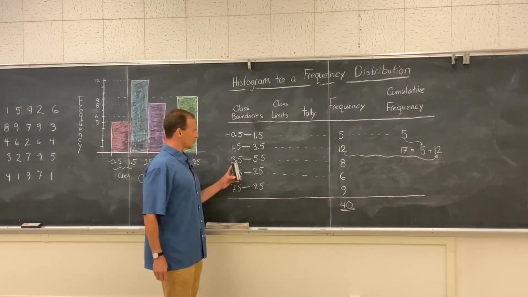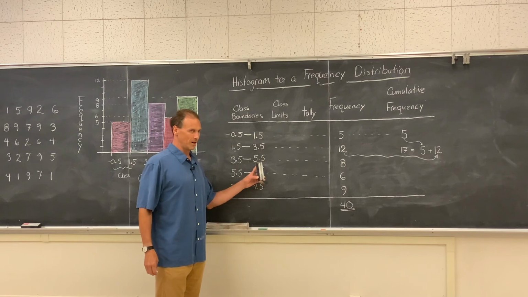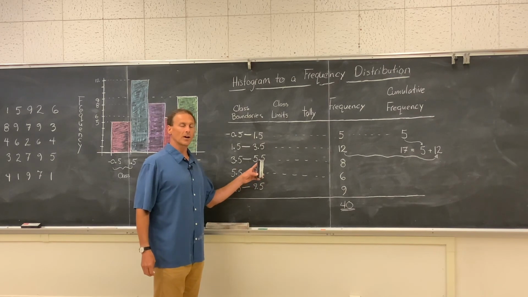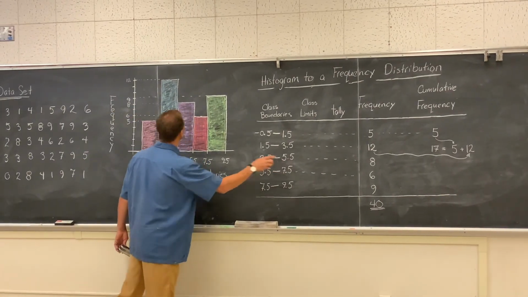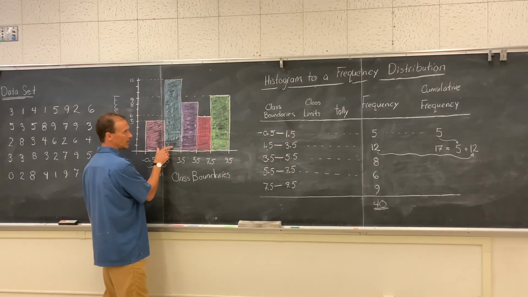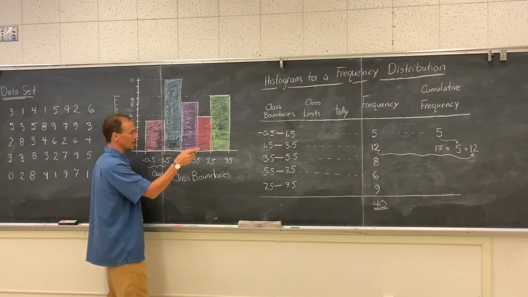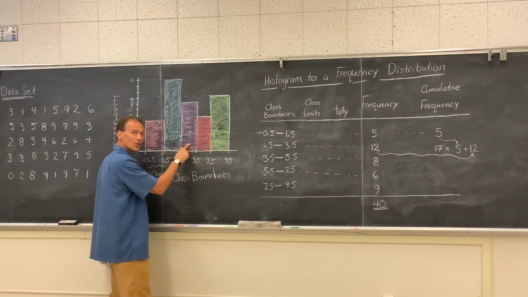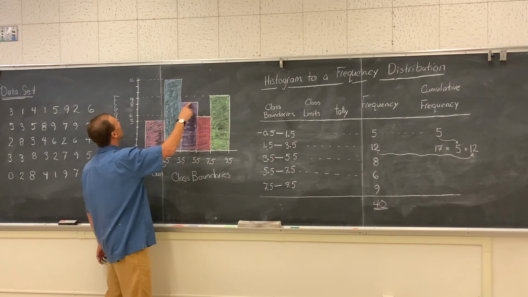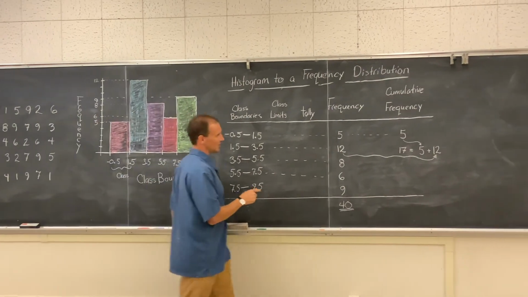Now let's look at the next one. So our next one is from 3.5 to 5.5. But at that point, we're talking about our cumulative beginning at the minimum. Well, from 3.5 to 5.5, we've looked at the first two bins, but we already know how many is in there. Plus the amount of data in this third class, which is 8. So here's what we're doing.